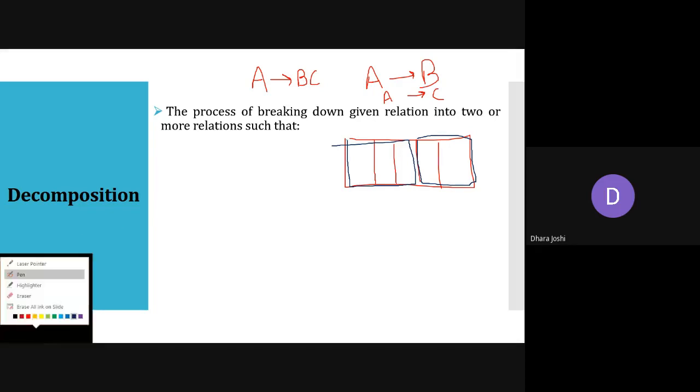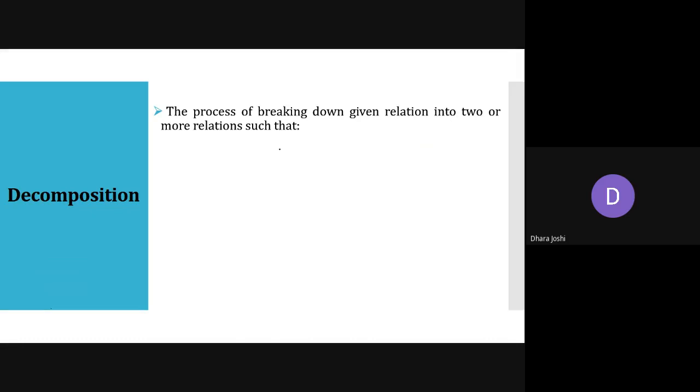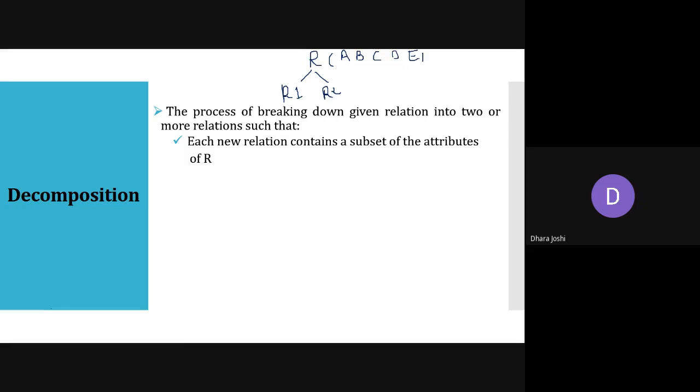So this is the process of breaking down a given relation into two or more relations such that each new relation contains a subset of the attributes of R. If I have the relation R and I break it down into two relations, relation 1 and relation 2, then R1 and R2 each contain a subset of the attributes of R. So if in R we have 5 columns A, B, C, D, E, then in R1, suppose it is A, B, C, and in R2, suppose it is C, D, E. Likewise.